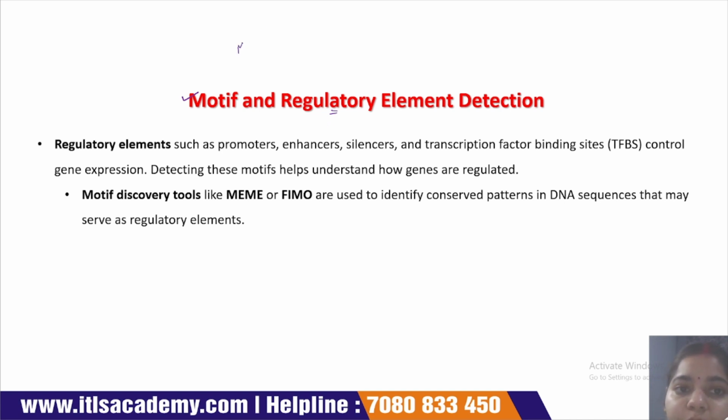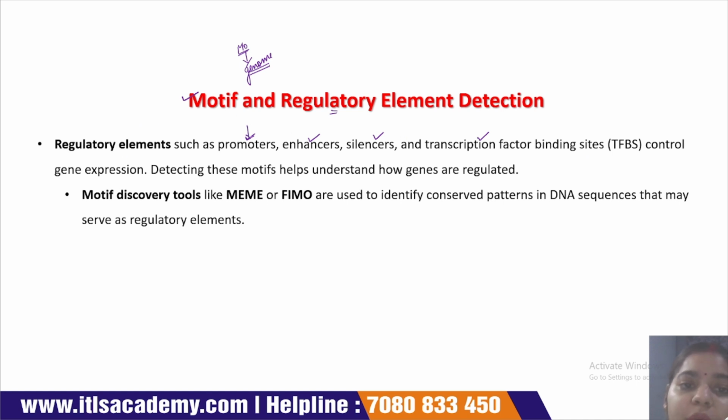The next and most important point is to find the regulatory and conserved regions in the gene or genome. Okay, what is a regulatory element? Regulatory elements such as promoter, enhancer, silencer, and transcription factor binding sites control gene expression.